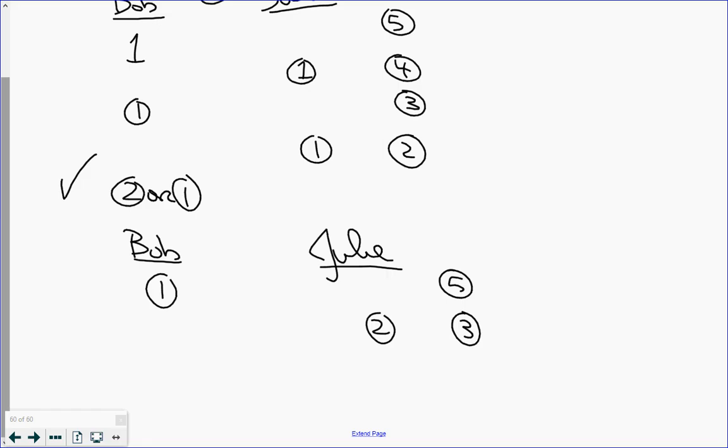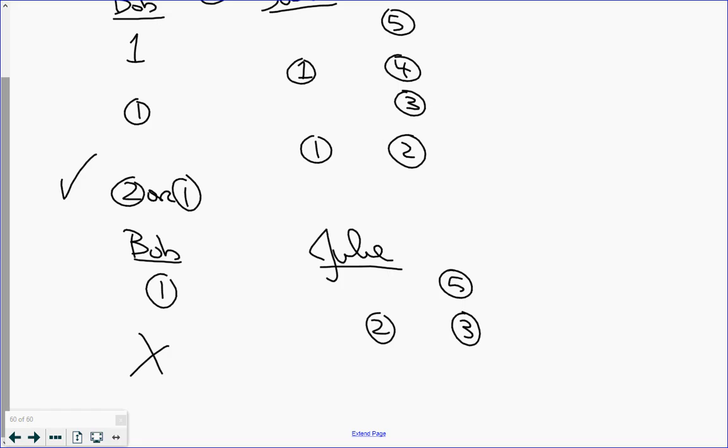Now, if Bob took 1, that would leave 2 marbles, which means Julie would win. If Bob took 2 marbles, that would leave 1, which would still mean Julie wins. So that doesn't work. Taking 1 worked here, but taking 1 didn't work here.